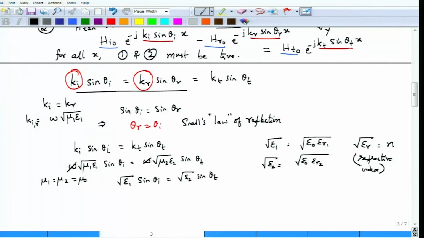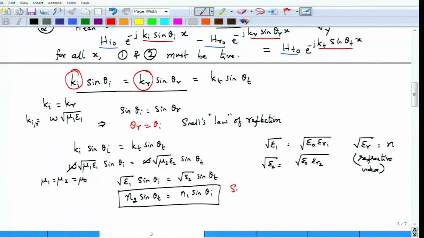What you get is the second form of Snell's law, or Snell's law for refraction. So you have N2 sin theta_t is equal to N1 sin theta_i. This expression is called Snell's law for refraction.